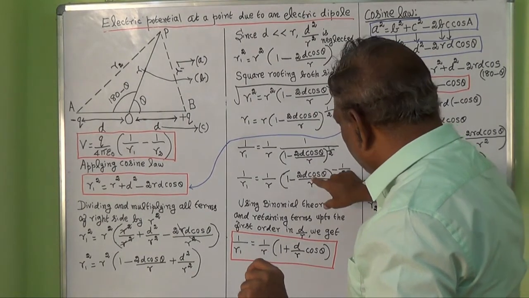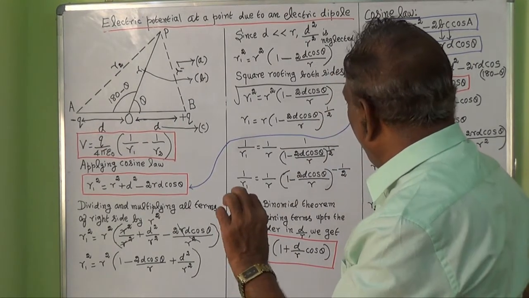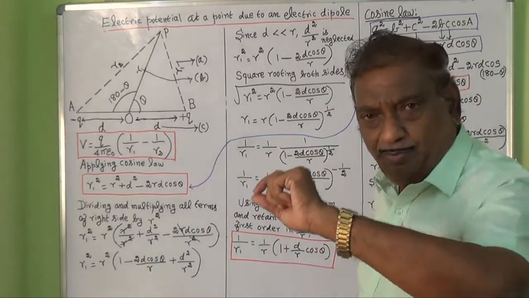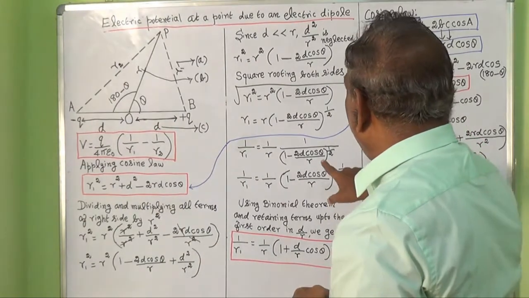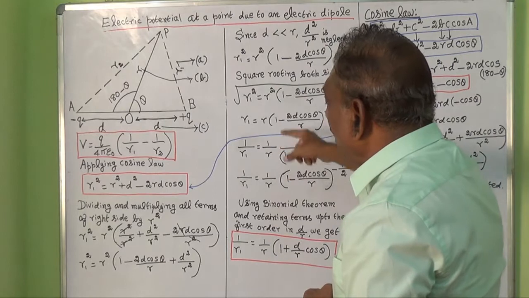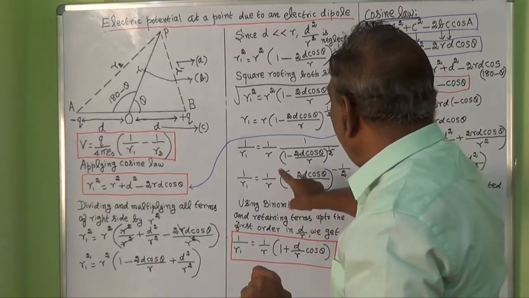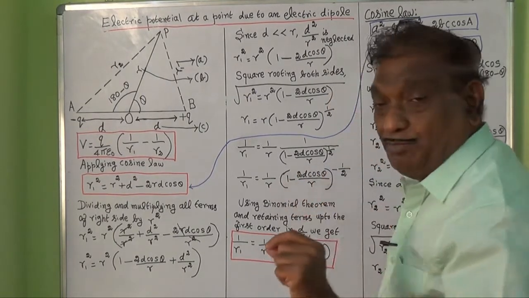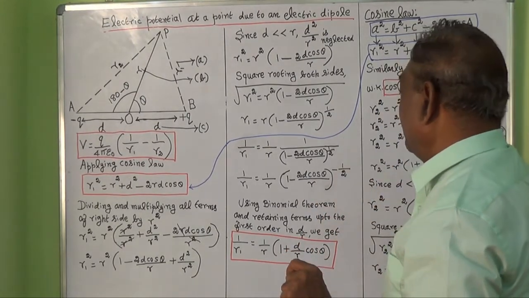If we bring this factor, 1 minus 2d cos theta by r, the whole power 1 by 2, to the numerator, the sign of the power will change. Hence, we are getting 1 by R1 as 1 by r into 1 minus 2d cos theta by r, the whole power minus 1 by 2.